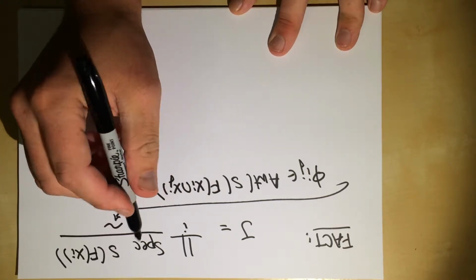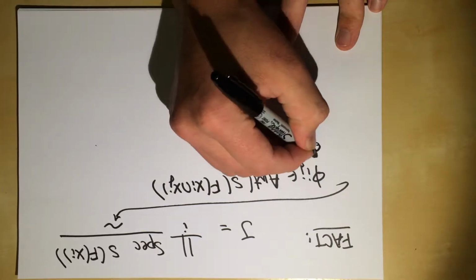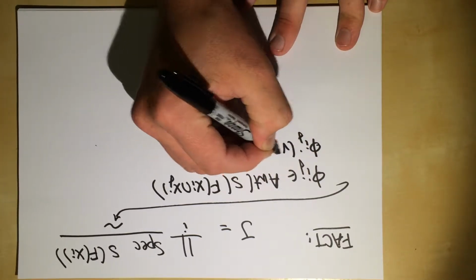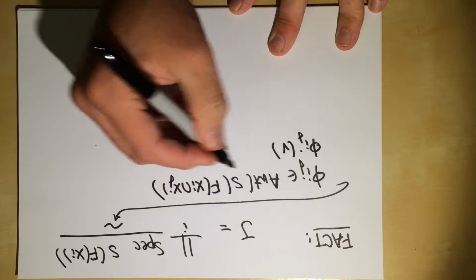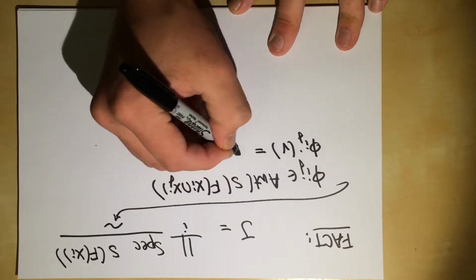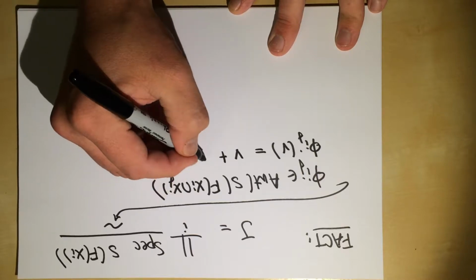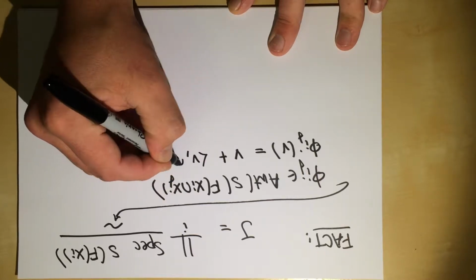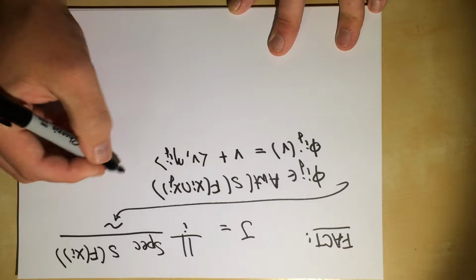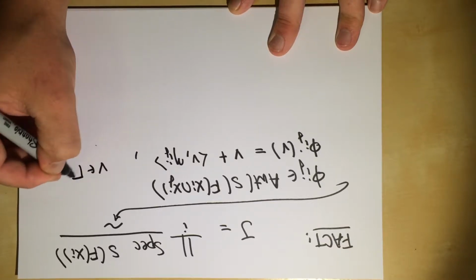We need to define the automorphism of the symmetric algebra, and phi_ij of some element f of F is going to be equal to f plus the pairing of f with eta_ij.